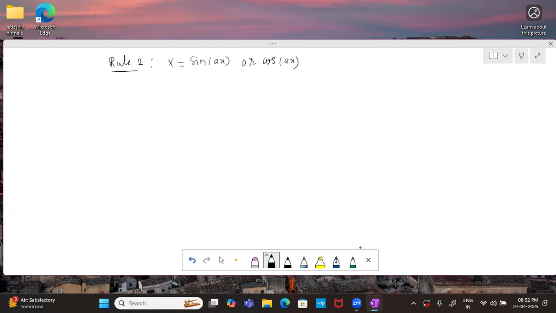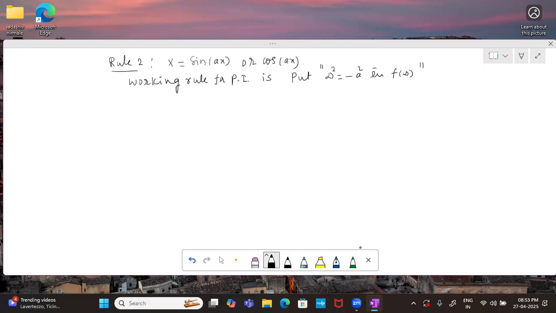And the working rule for PI is: put D square is equal to minus a square in f of D. So that is the only working procedure to find the PI.